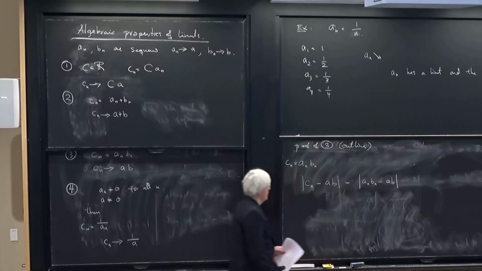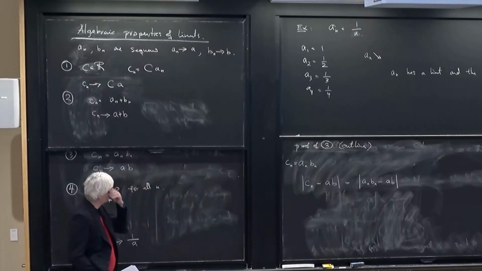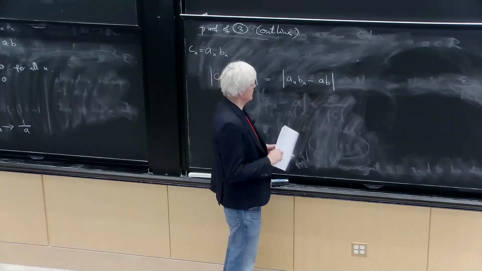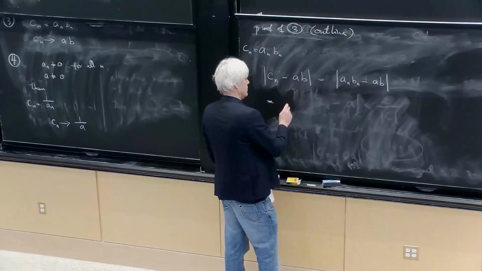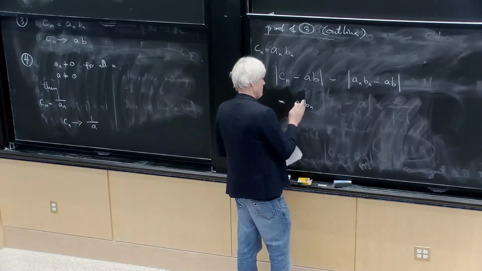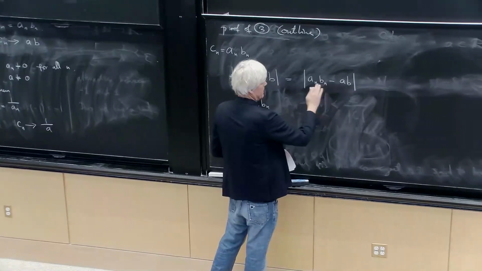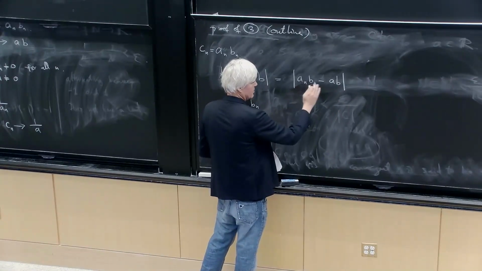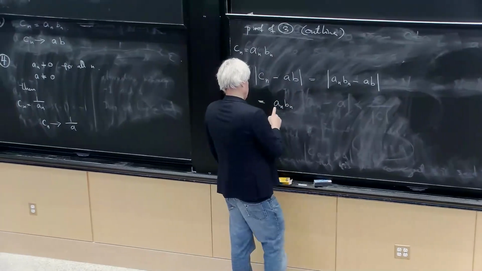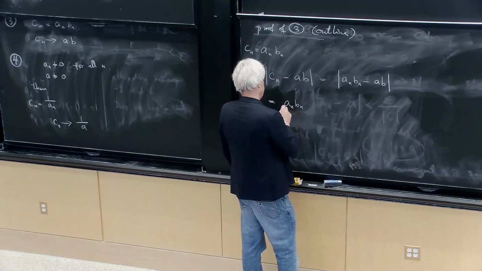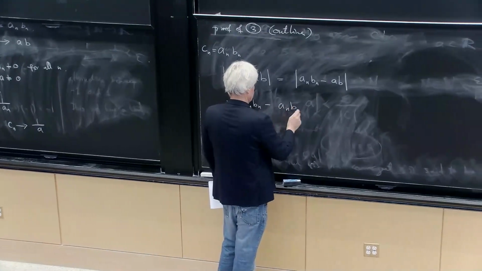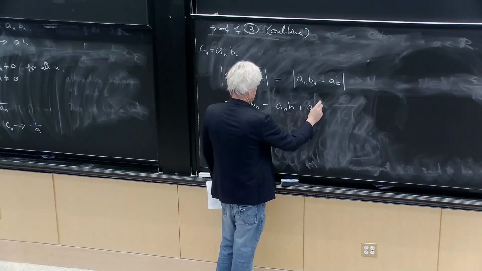Okay? In itself, it's kind of difficult to compare these two things. But the little trick is that instead of comparing them directly, you compare this with something that is halfway between this and that, and then it gets a lot easier. So you look at a_n b_n, and you subtract a_n b, and then you add it immediately again.